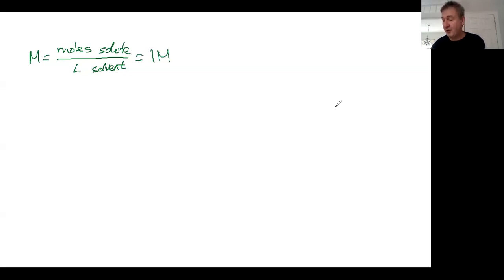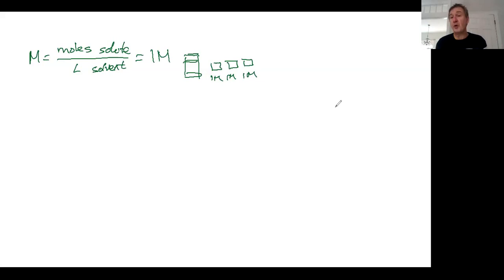If you have a pitcher of 1 molar salt, there's my high resolution pitcher, and I pour it into all these cups of solution, assuming it's homogeneous, which we're going to assume for this lab, all of these also are 1 molar. So the volume is not important. It's the amount of stuff per volume.